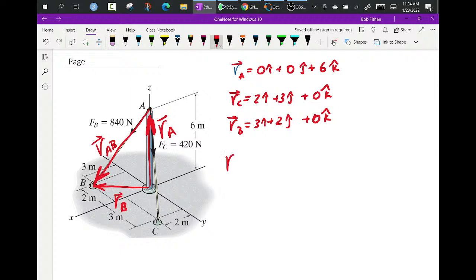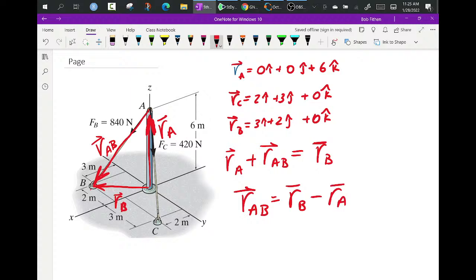And so I could just do the vector addition. Go out RA, then go out RAB. And it's the same point as if I went just down RB. So if I want to know RAB, just take RB, subtract RA from it. That's it.